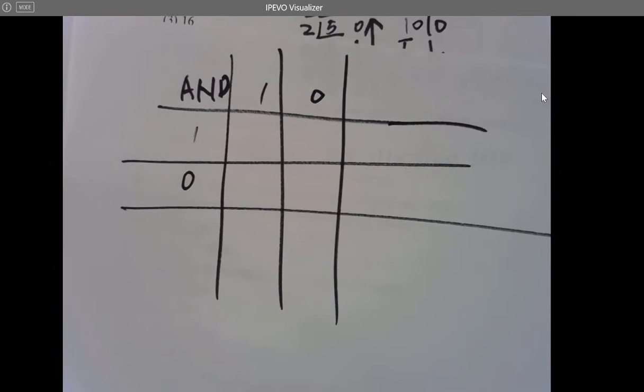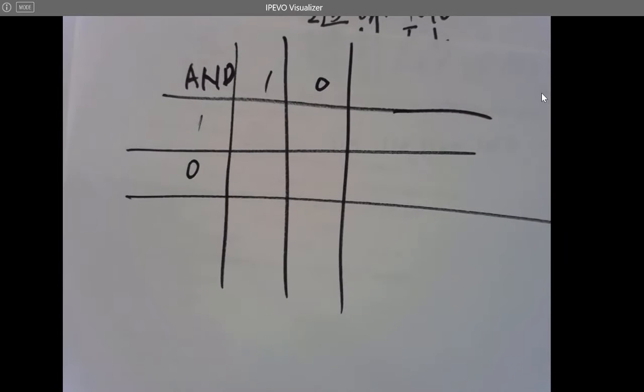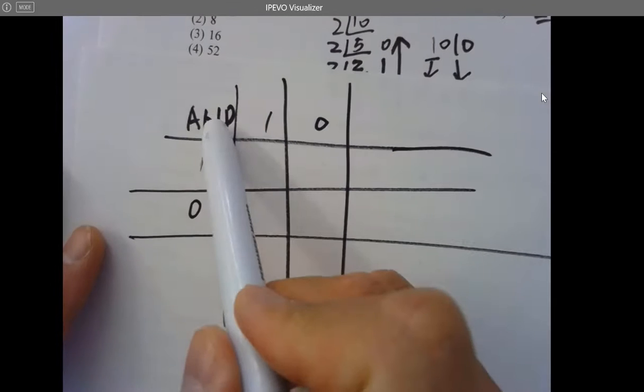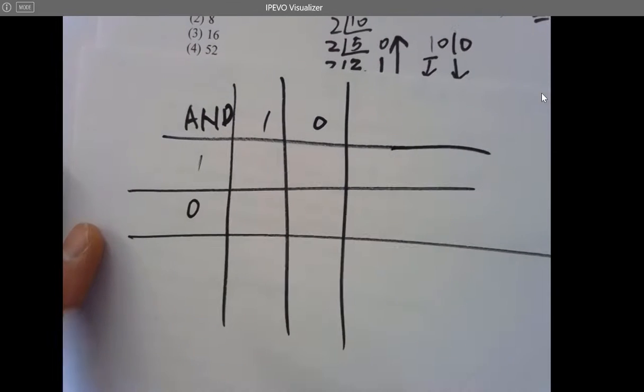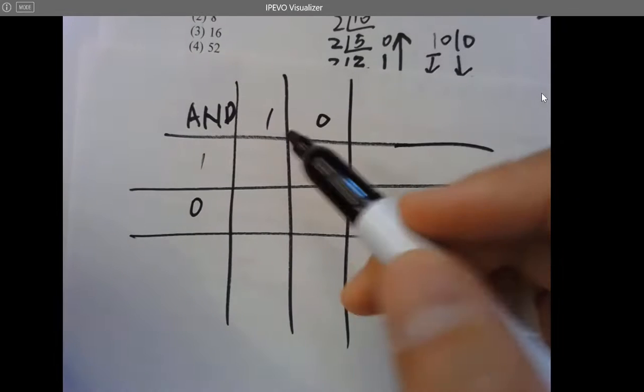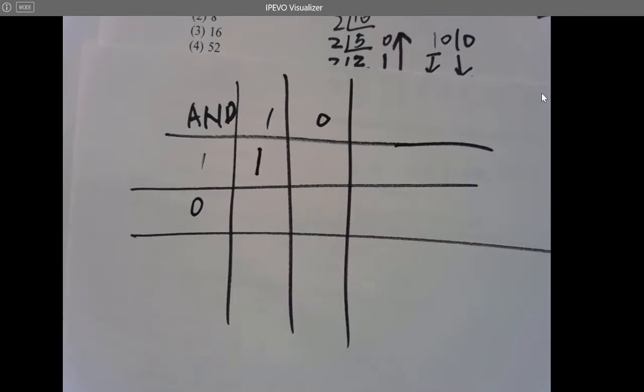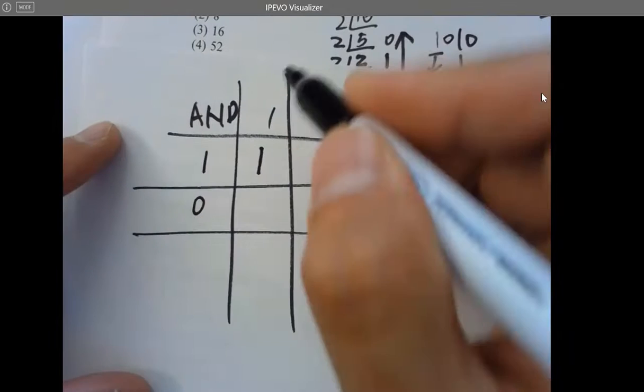Okay, so let's take a look. In this table I just drew, I'm really bad at drawing. So anyway, you know what's going on here. It's an AND logic. So 1 and 1 will be what? 1 and 1 is 1. So think about the story I told you, right?